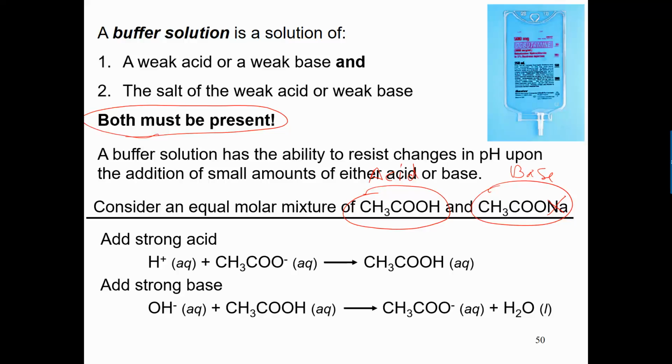It's a spectator ion because it's going to produce this acetate. So if I add acid to a buffering system of acetic acid and sodium acetate, what does the acid react with? It reacts with the base. The acid will react with the sodium acetate, which is the base. So if I add acid, it will react with the base, and whatever the concentration of the acid that I add is going to be subtracted from the base concentration, and it will be added to this.